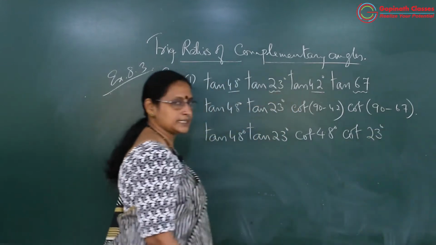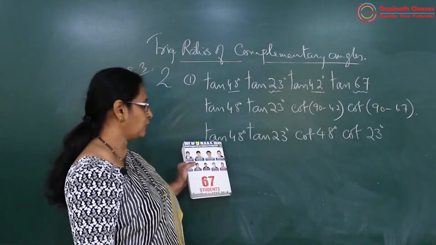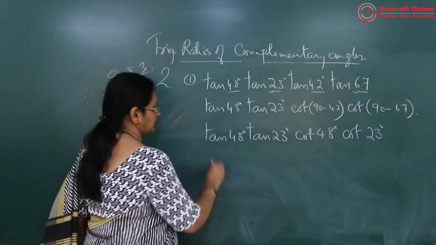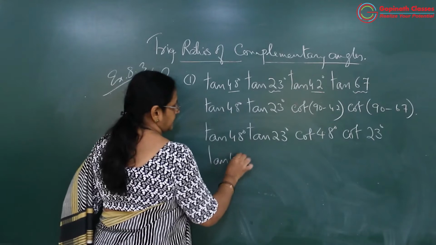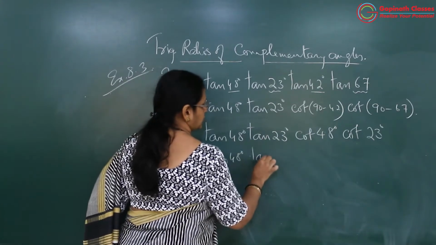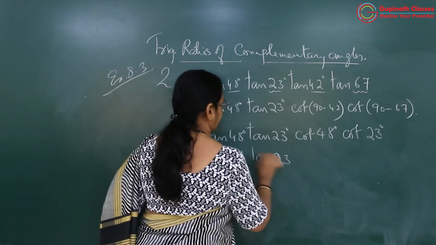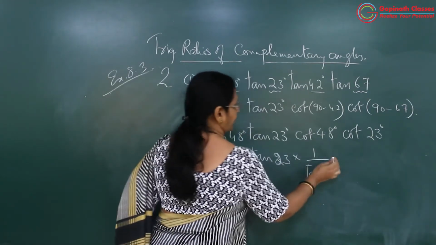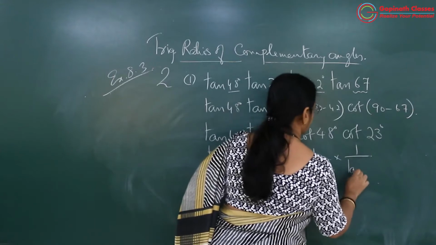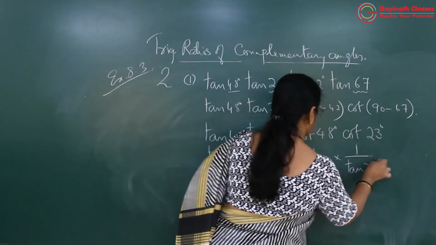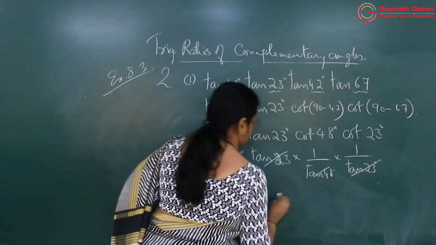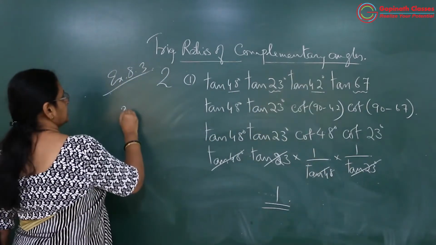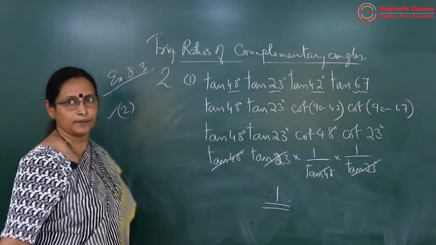Now you can clearly see you are getting the reciprocal. Tan 48 and cot 48 ka product is 1, because they are reciprocal to each other. So let's write tan 48 into tan 23 into 1 by tan 48 and 1 by tan 23. This gets cancelled. So what are we getting? Answer 1. So second one you can try.